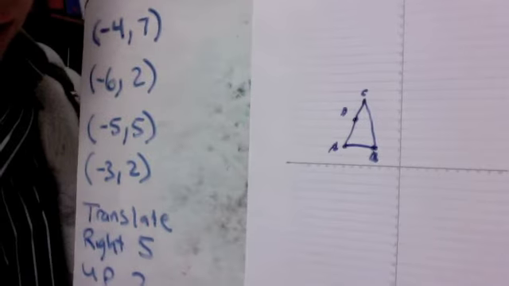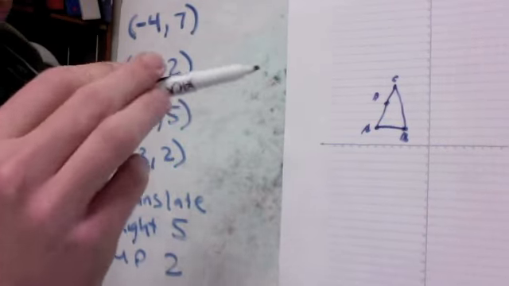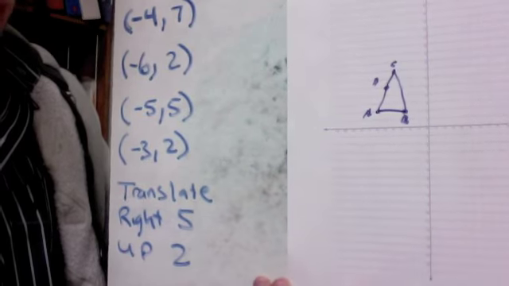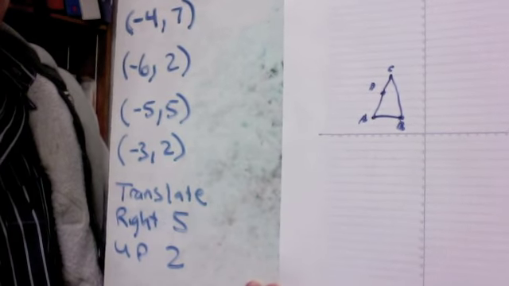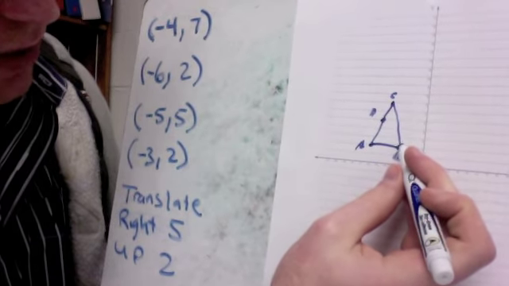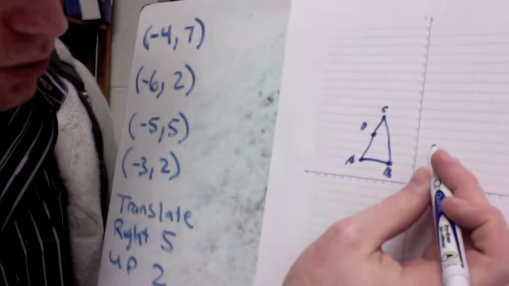Now, the translation for this one is right 5, up 2. So each one of these points for the shape, we have to move right 5, up 2. If we do this correctly, the shape's not going to change. It's just going to be in a different spot. So I'm going to take this one, right 5, 1, 2, 3, 4, 5, up 2. 1, 2.